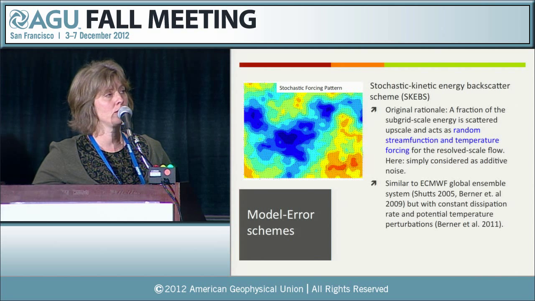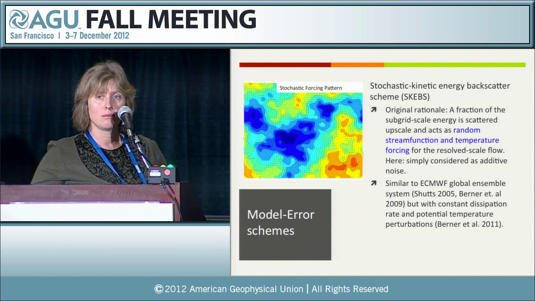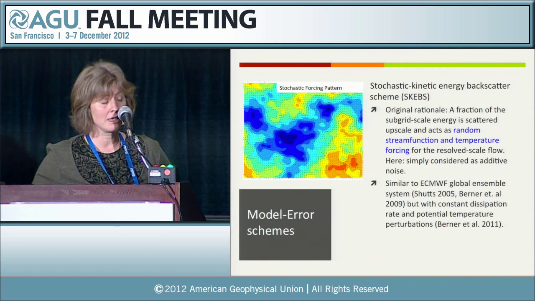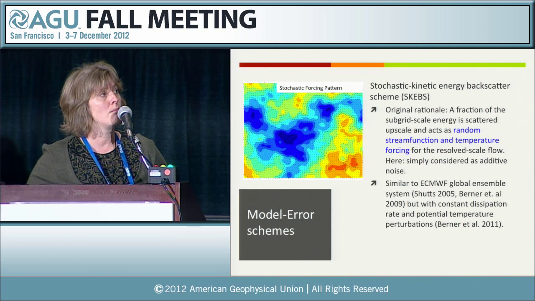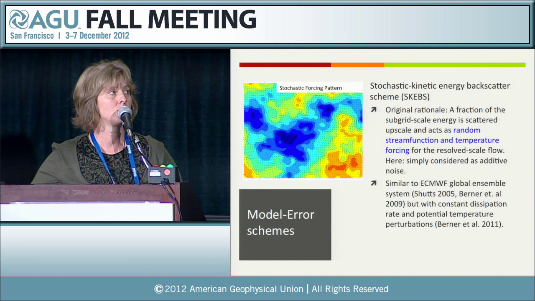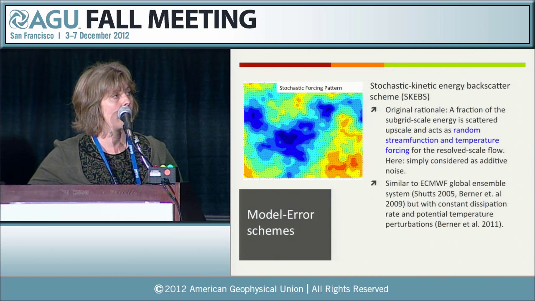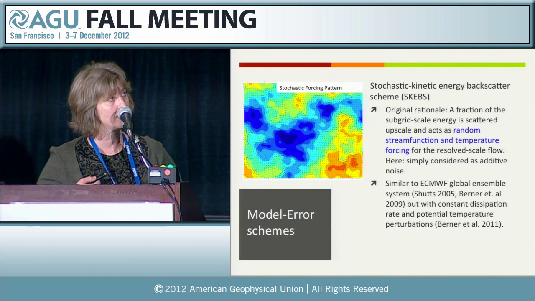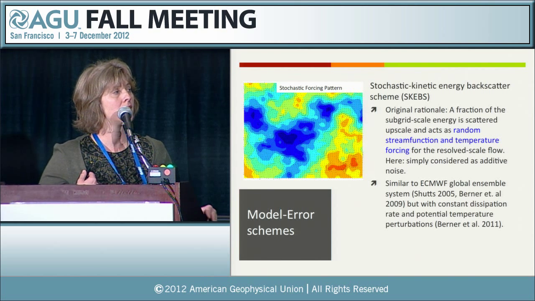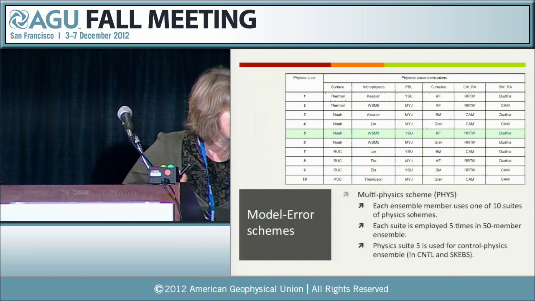This scheme has been used in forecasts for mesoscale ensemble systems. It's operational at a number of centers, including ECMWF, where it is part of the operational system. The original reference is Shutts 2005, and there are some differences to that scheme: in the results I'm showing here, it assumes a constant dissipation rate and also introduces potential temperature perturbations.